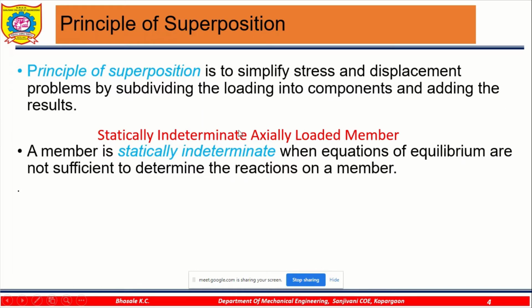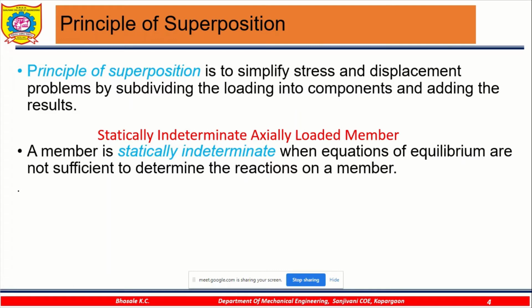So we have to distribute the parts into free body diagrams, and from that free body diagram we can find out the displacement and stress in that part. Similarly, for a statically indeterminate axially loaded member, it may be possible that both the ends are fixed.